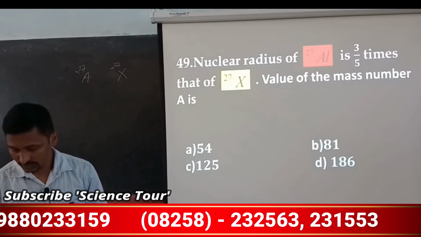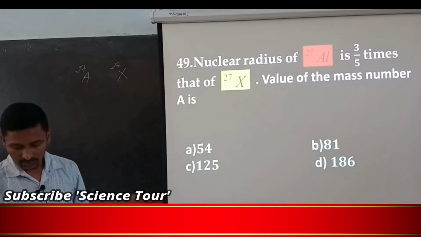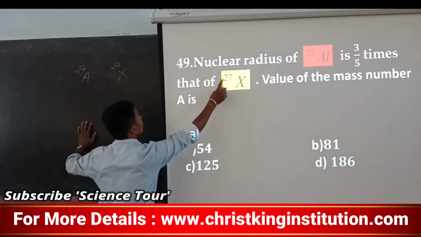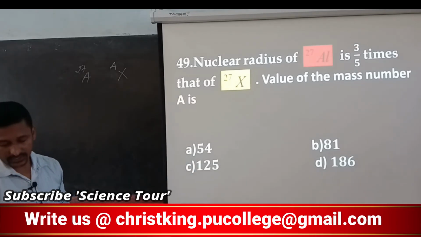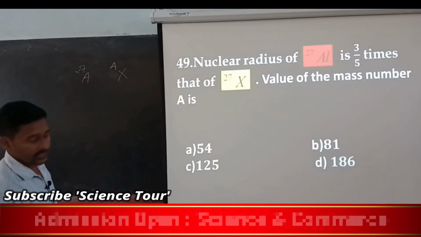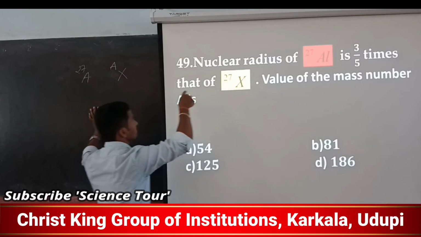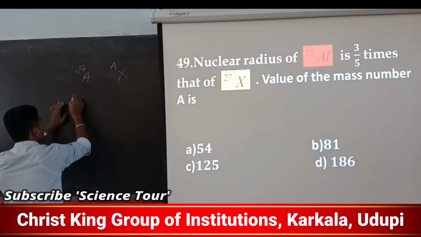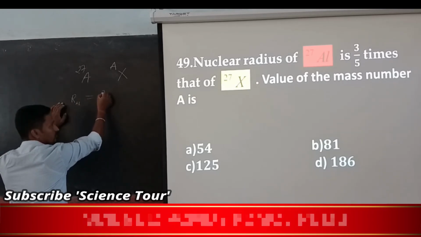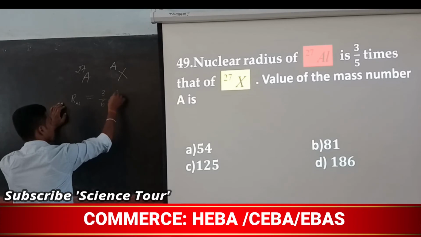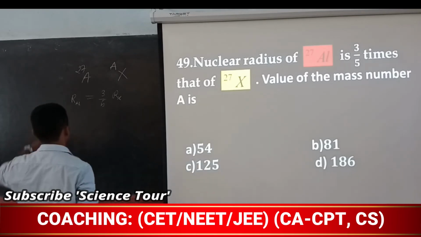Okay, this is not 27, this is A. So this is A, the nuclear radius of aluminium. Now the nuclear radius of aluminium is equal to 3/5 times the nuclear radius of X. You have to find out the value of the mass number A.